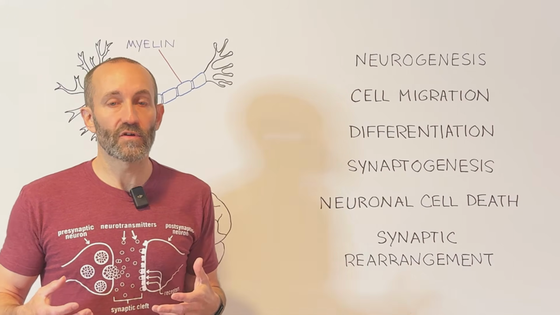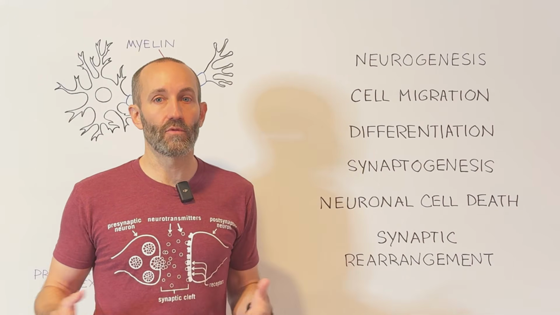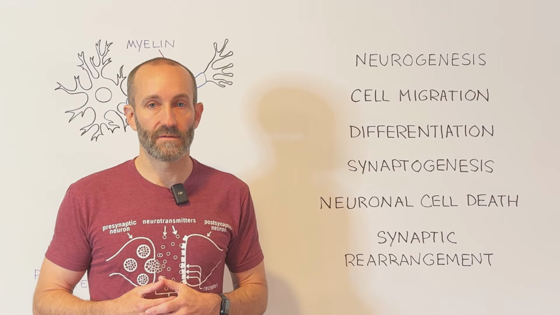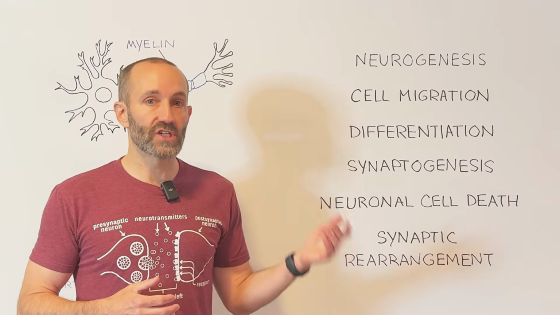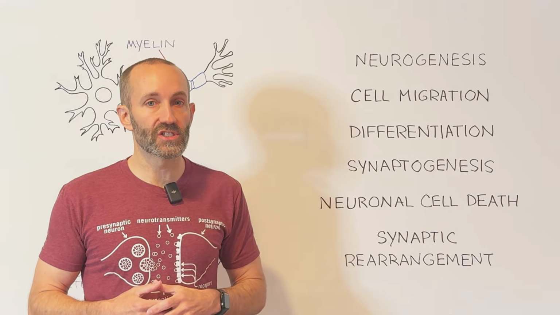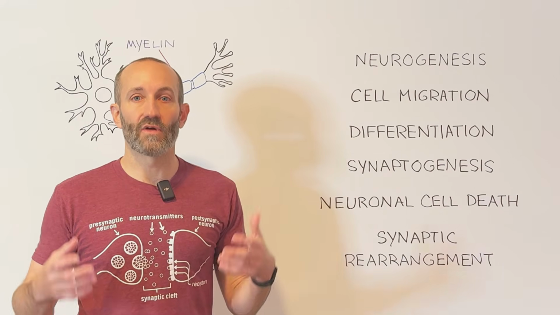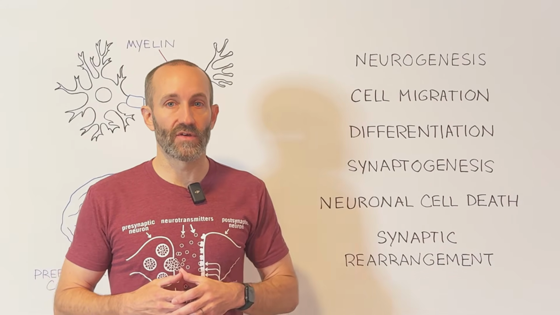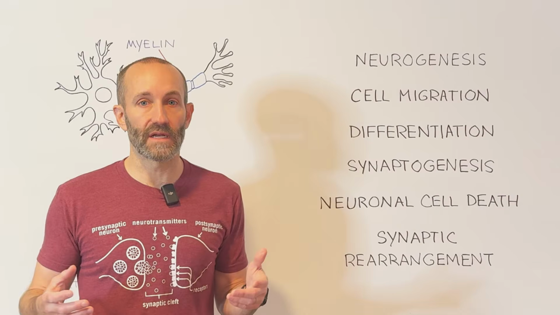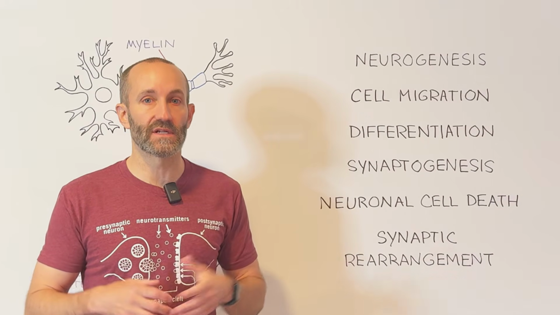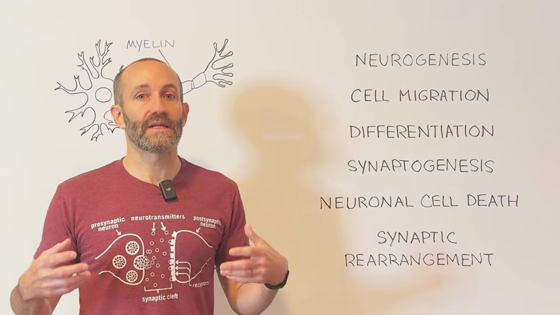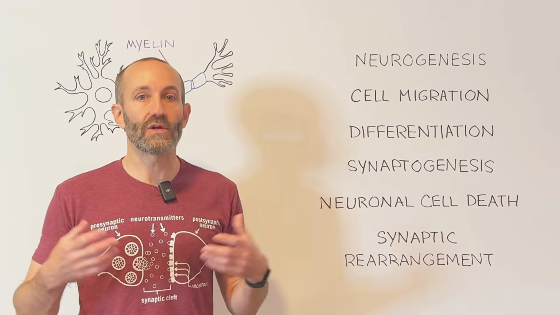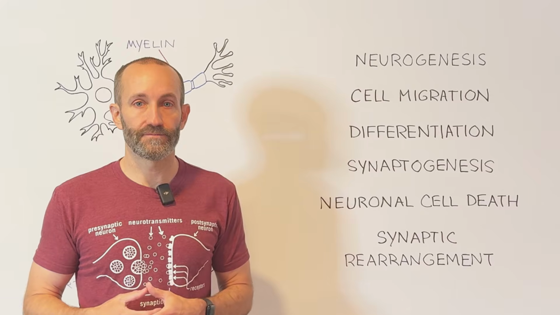The brain becomes more efficient not simply by adding more and more connections, but by refining those connections and reducing redundancy. Taken together, neurogenesis, cell migration, differentiation, synaptogenesis, neuronal cell death, and synaptic rearrangement are some of the major stages of neural development. They overlap considerably, and in many cases, one process influences another, but collectively, they help explain how the nervous system goes from a relatively simple embryonic structure to a highly organized and functional brain.